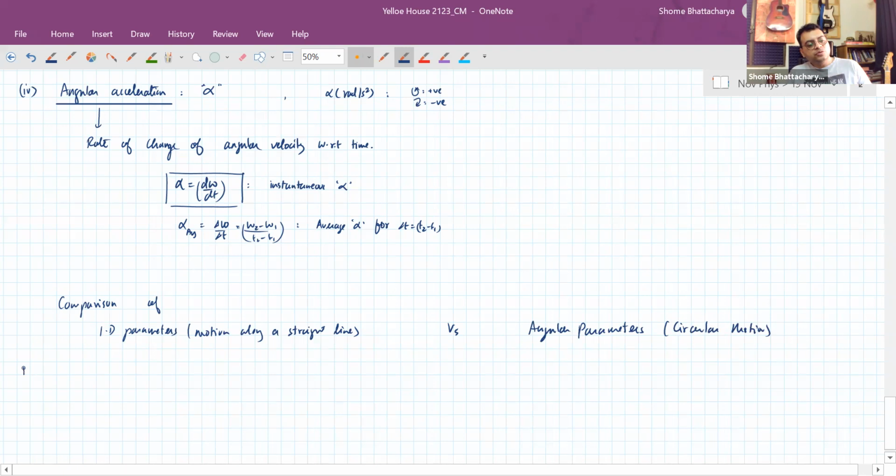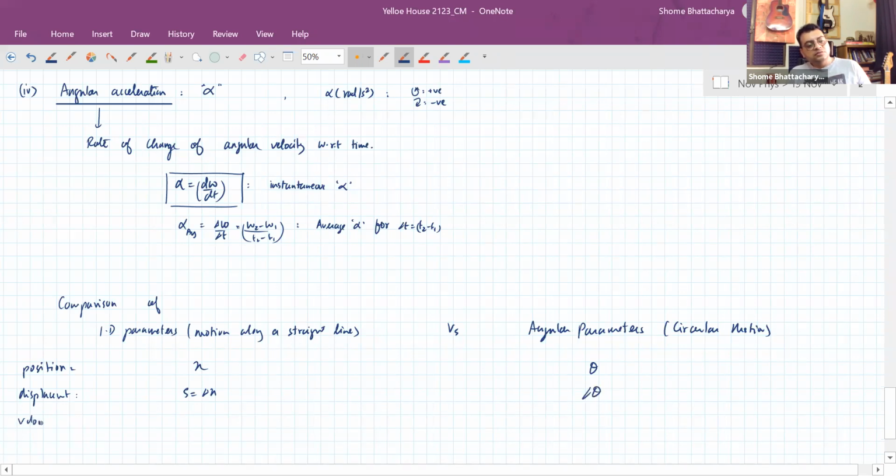So here position was described as a single coordinate, 1D position. Here position is defined by angle, angular position. Then displacement became one-dimensional displacement, which is the change in position. Here it became change in angular position.